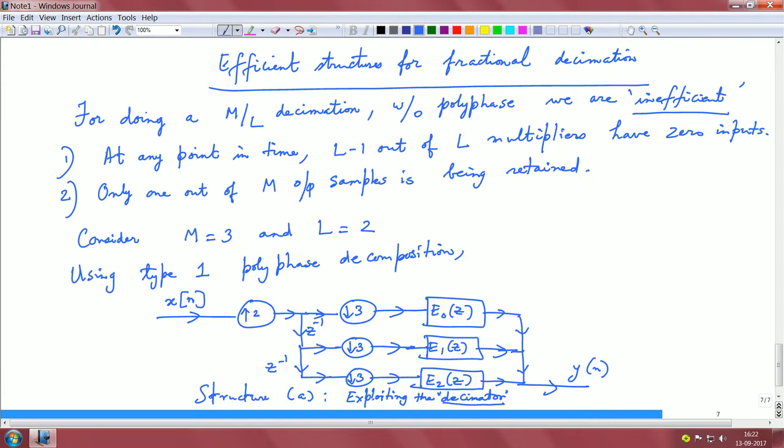If I gave this problem to one of you in the class, to do an M by L decimation, probably if you have just studied Noble identities and polyphase decomposition, this is one realization one of you could provide. Somebody else in the class can still argue, well, why should I exploit just the decimator here, because we also studied what we could do with a type 2 polyphase decomposition for the interpolation filter, and we will exploit it from the interpolation filter perspective. So let us do that exercise.